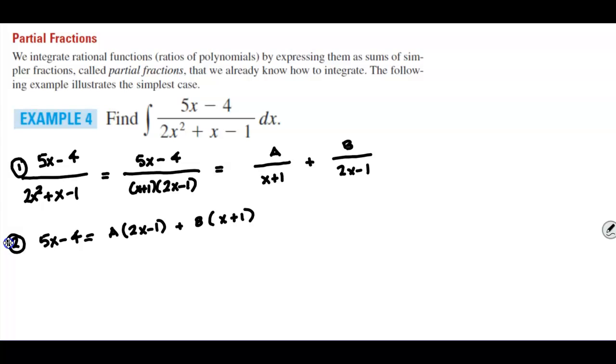And so now we need to make sure that the coefficients of x and the coefficients of the constant match. So we have 5x minus 4. If we distribute the A, we have 2Ax minus A plus Bx plus B.